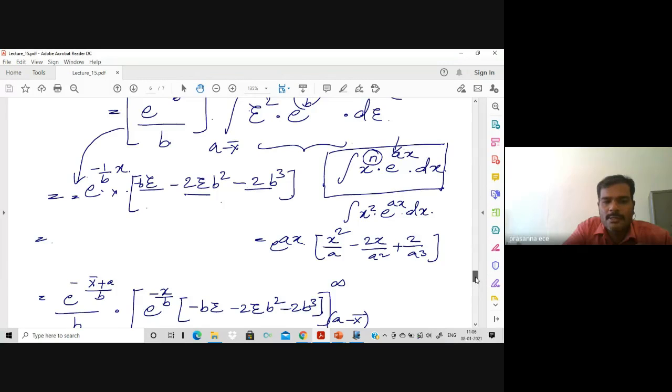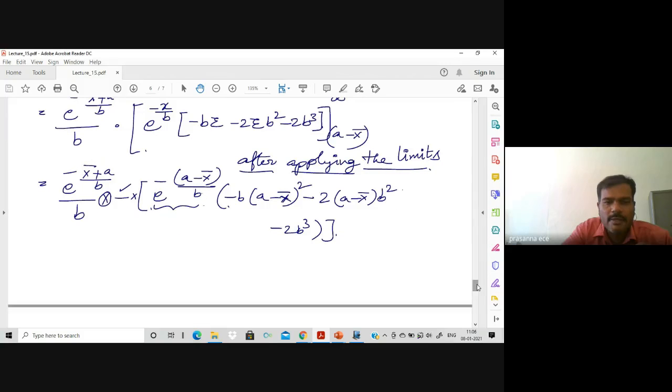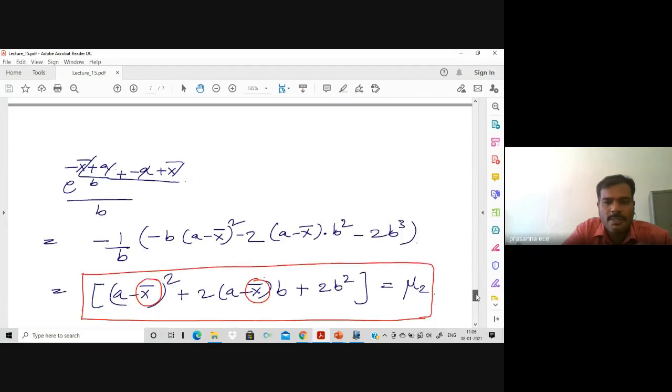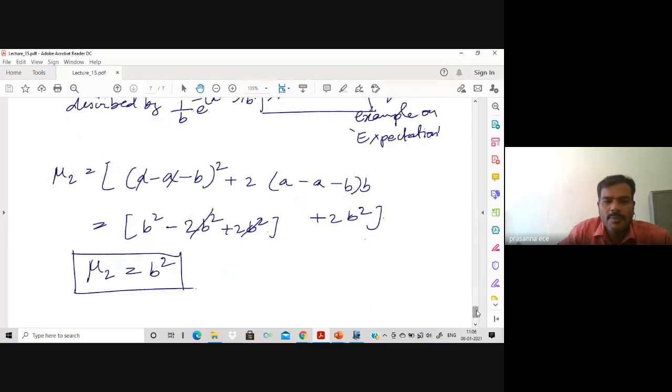Now all the expressions are in terms of x bar. We go to our previous example where we already found the x bar of the exponential density and distribution, which is equal to a plus b. Now we substitute the value of x bar in this complete expression, and our entire expression reduces to the form b square.